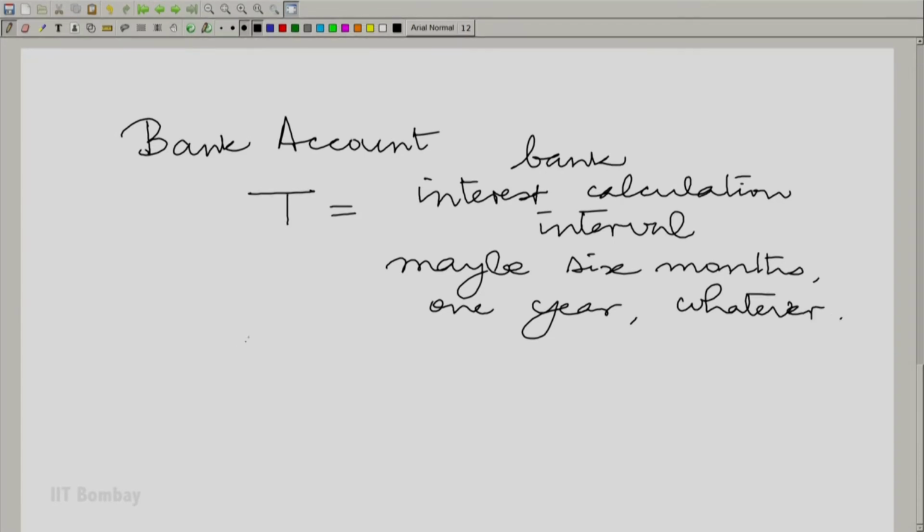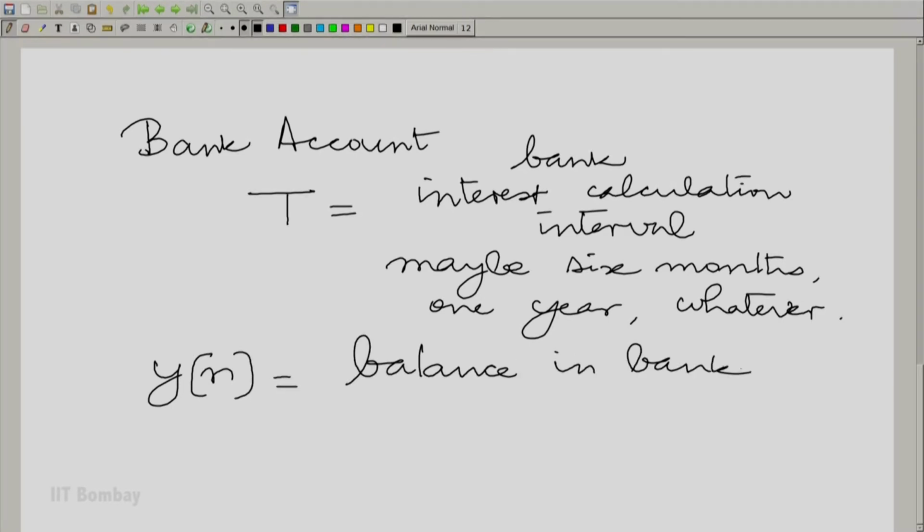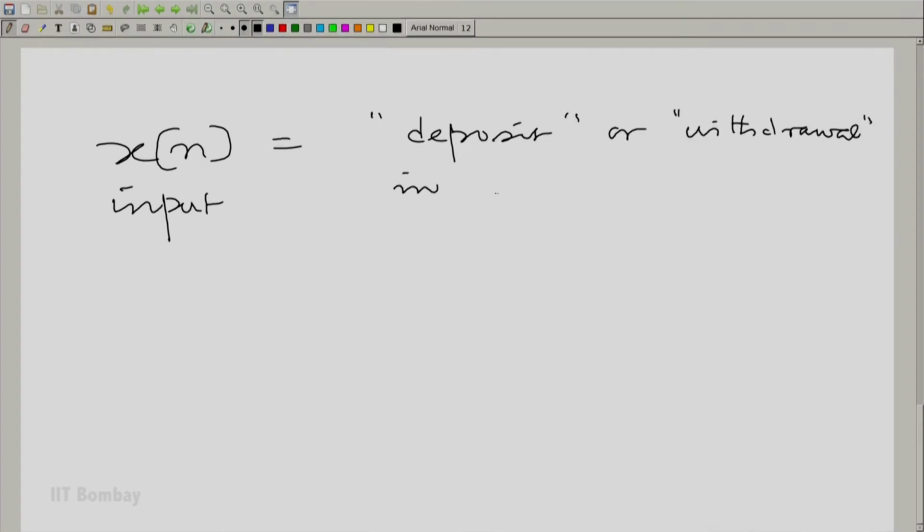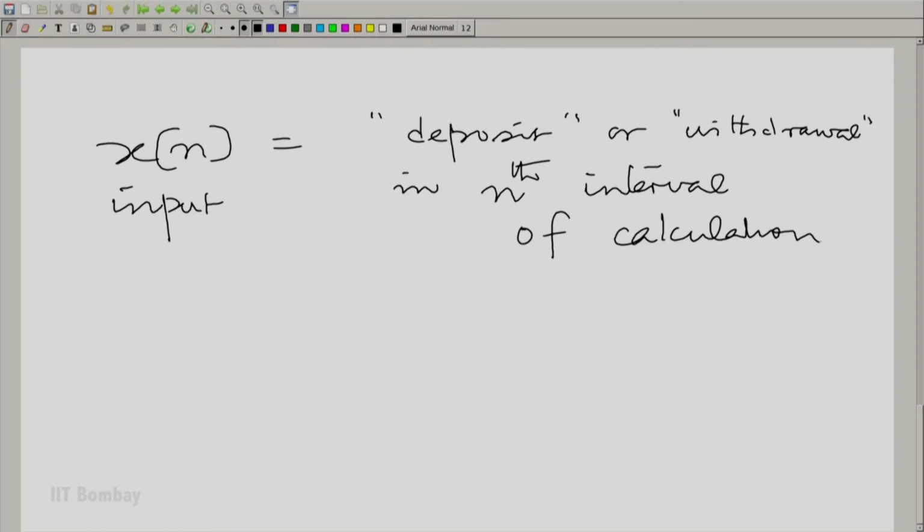And therefore, we shall use y of n, the output, to be the balance in the bank account at the nth instant. Then I am going to use x of n, which is essentially the input to the system, to be the deposit or withdrawal in the nth such interval of calculation.